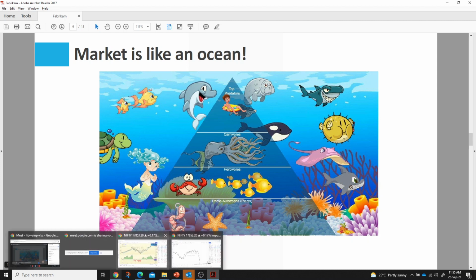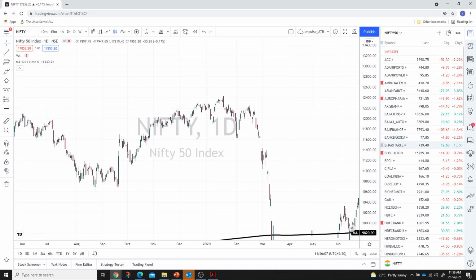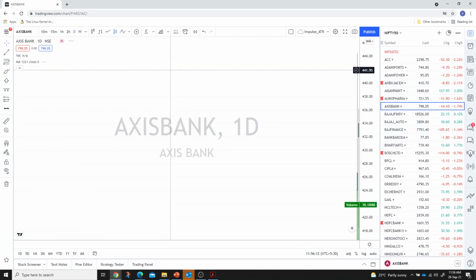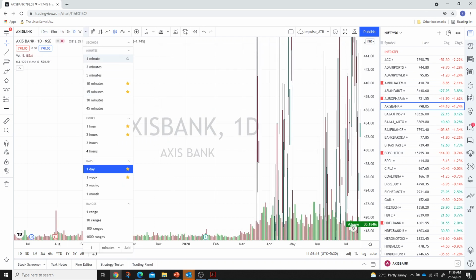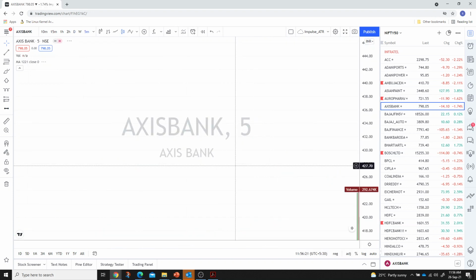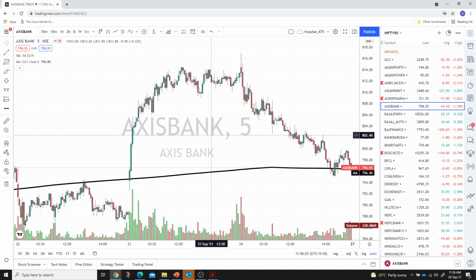Let's say, imagine that I am trading in a stock, let's take the case of Axis Bank. My goal is to make 5, 3 points in Axis Bank. I can go for a 5 minute chart and say, okay, now I will apply all the technical analysis I know.